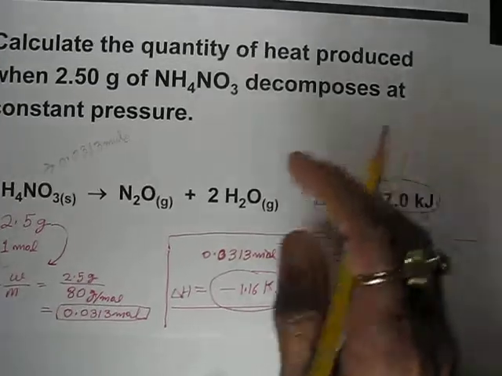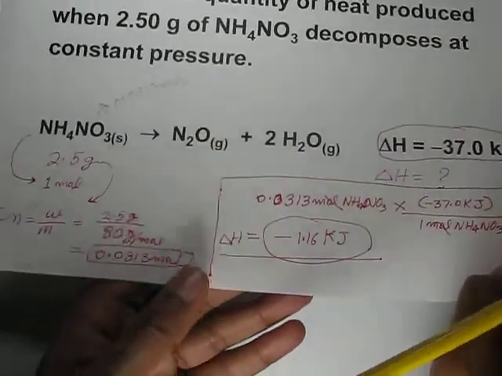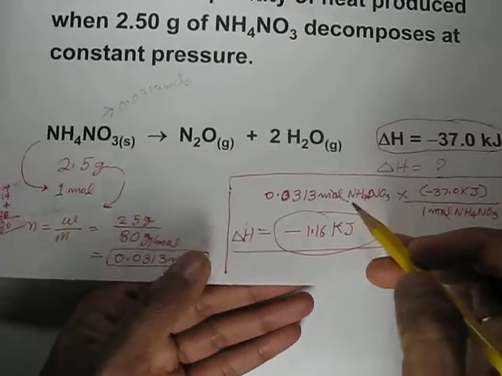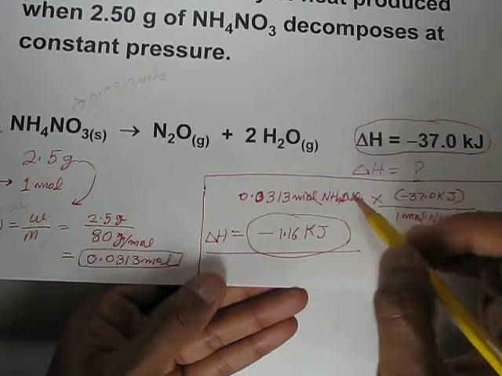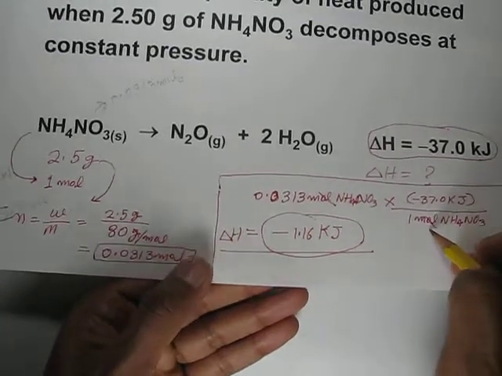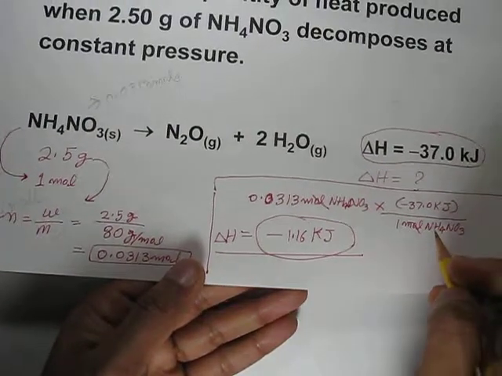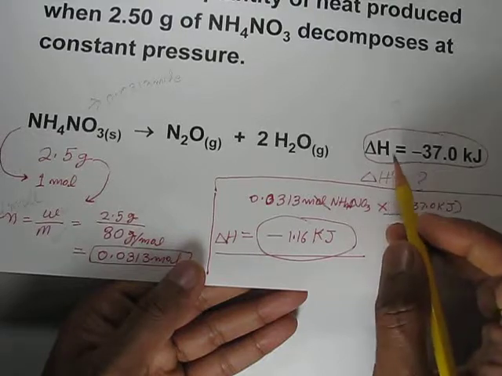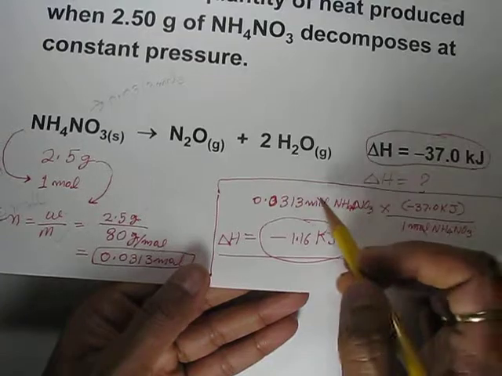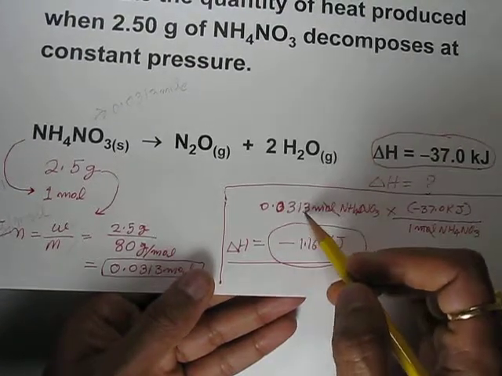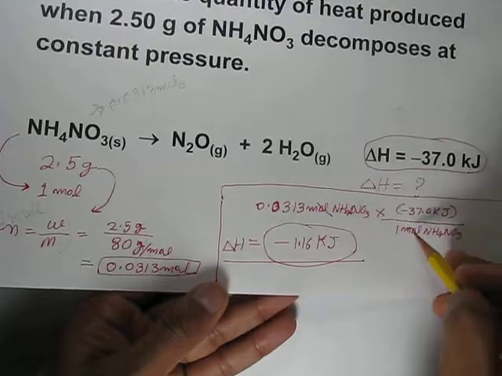So now we can utilize dimensional analysis to solve this question. We have to use the desired unit on the top and the given unit at the bottom, which is 1 mole. For 1 mole we know that the delta H for this reaction is minus 37.0 kilojoule, and for 0.0313 mole of ammonium nitrate, how much will it be?